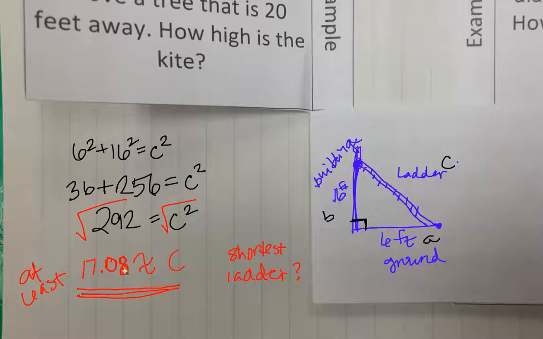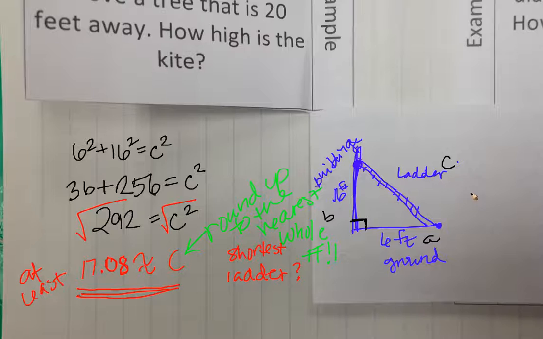So again, the minute I go down from 17.08, it's not 16 feet up the building anymore. So in this type of question, what's important to note is round up to the nearest whole number.